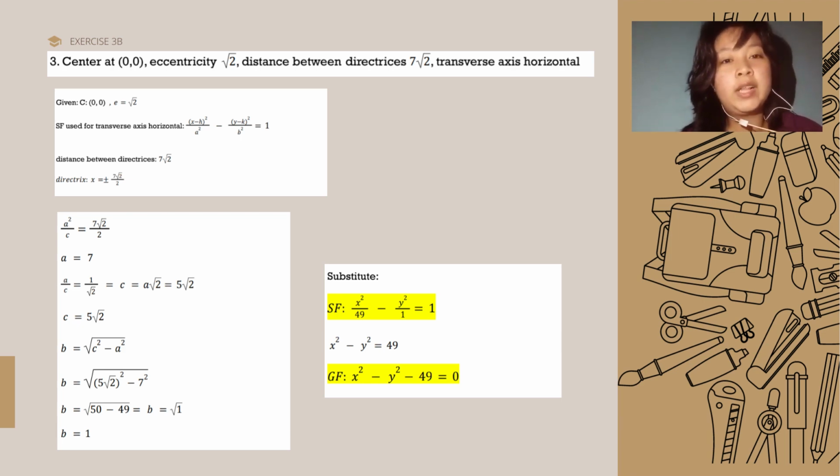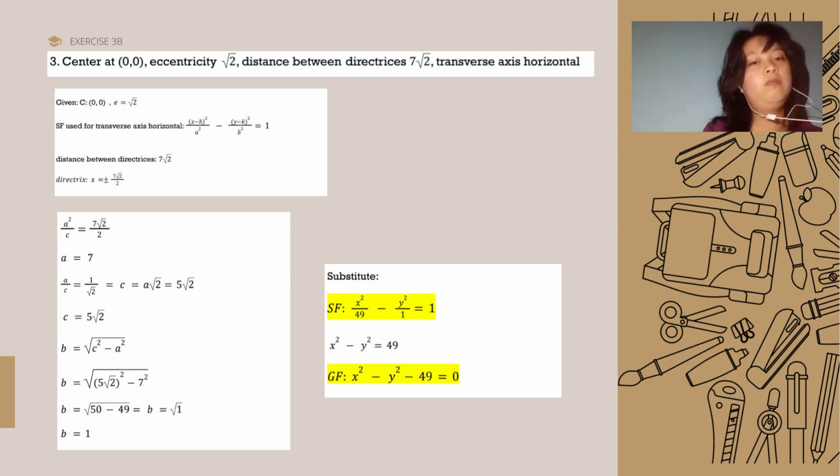In order to find c, it is a over c is equal to 1 over square root of 2, wherein c is equal to 5 square root of 2.